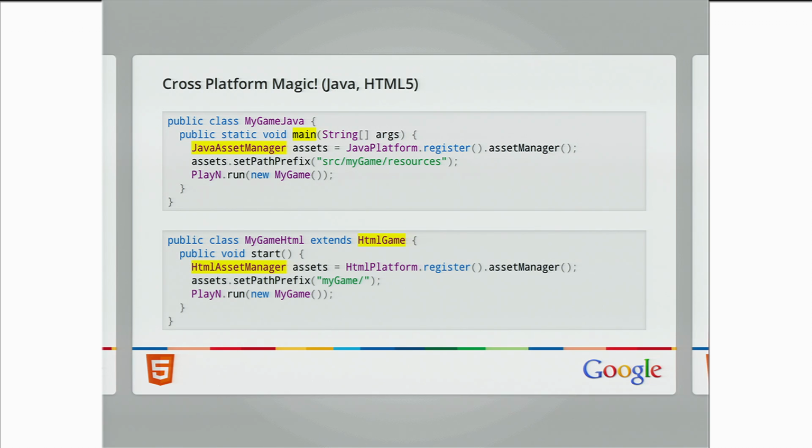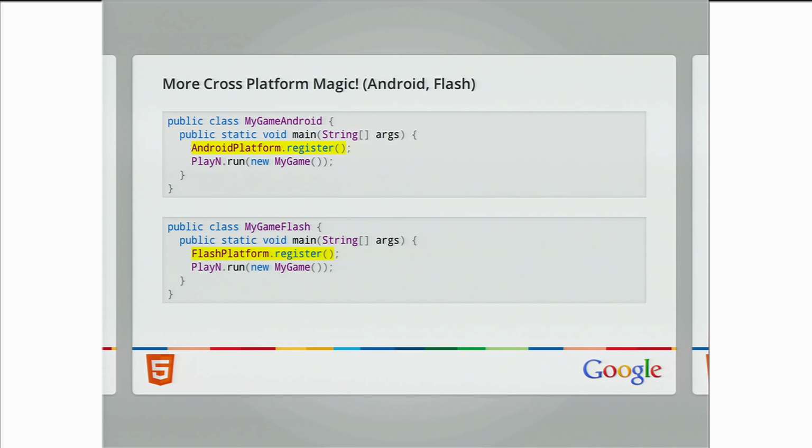And then we just give our game to the system, and it runs it for us. Android and Flash are very similar, too. So the idea here is you just register with the platform, and it will run your game. And so really, it's that simple. You make your platform-agnostic code, and then you just make these little entry point classes that do the very platform-specific stuff, which is mostly about finding assets or bootstrapping. And the rest of your game lives in this nice central code base.